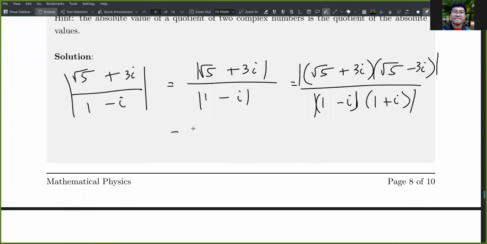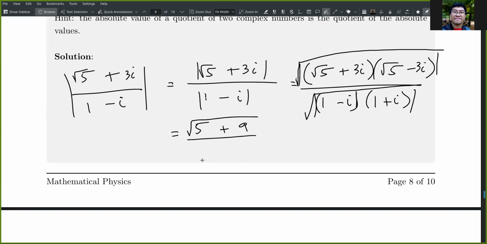And that's simply 5 plus 9. Here we're supposed to take the square root. So square root of 5 plus 9 divided by square root of 1 plus 1, or that's square root of 14 divided by square root of 2, or that's square root of 7.